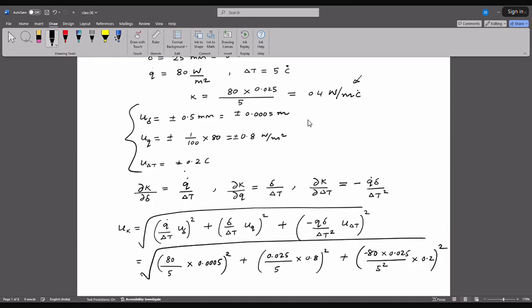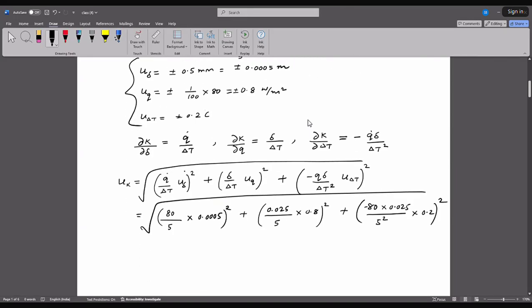So if you do the calculation correctly, this is going to come out as plus minus 0.018 watt per meter degree C.